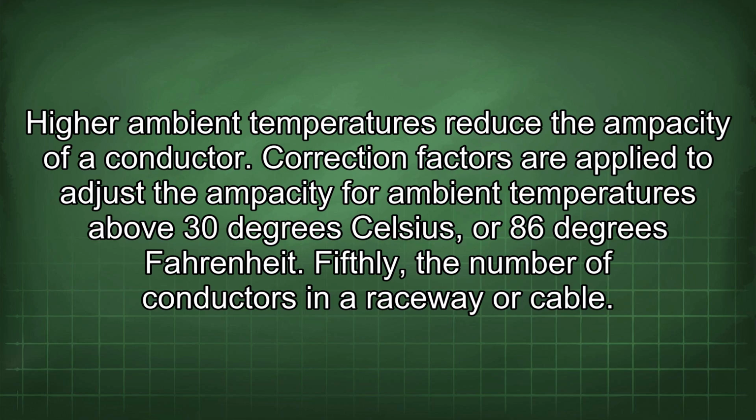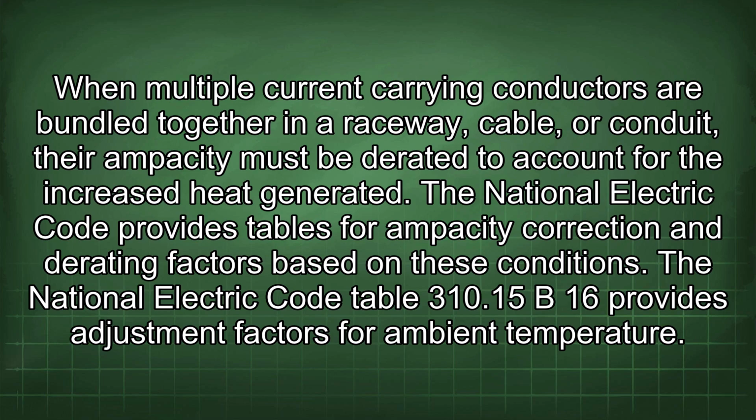Correction factors are applied to adjust the ampacity for ambient temperatures above 30 degrees Celsius or 86 degrees Fahrenheit. Fifthly, the number of conductors in a raceway or cable. When multiple current-carrying conductors are bundled together in a raceway, cable, or conduit, their ampacity must be derated to account for the increased heat generated. The National Electric Code provides tables for ampacity correction and derating factors based on these conditions.